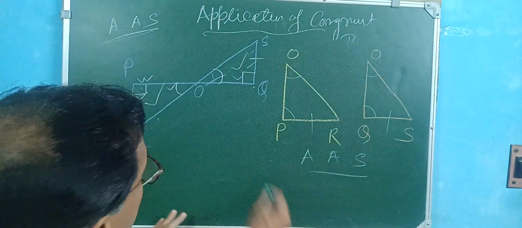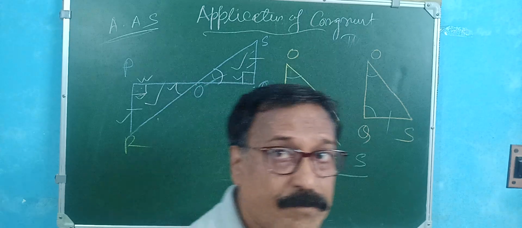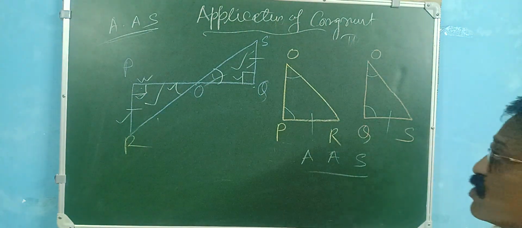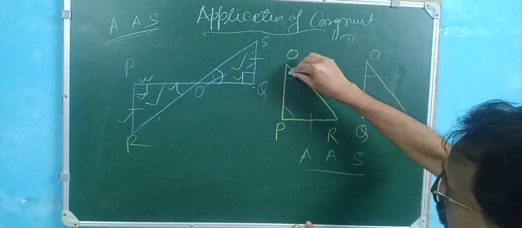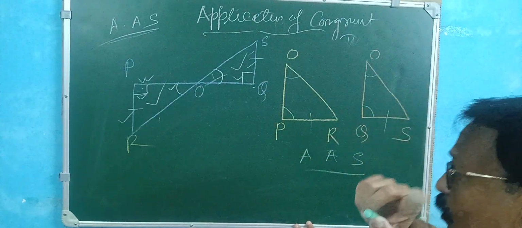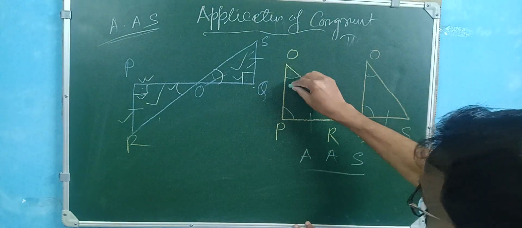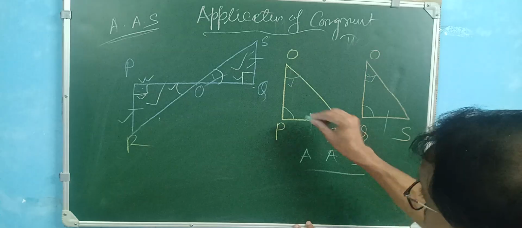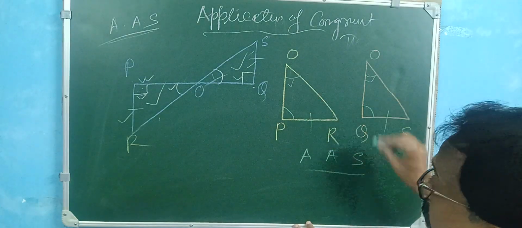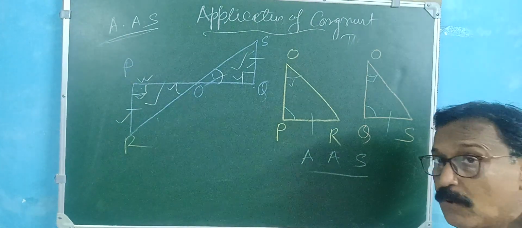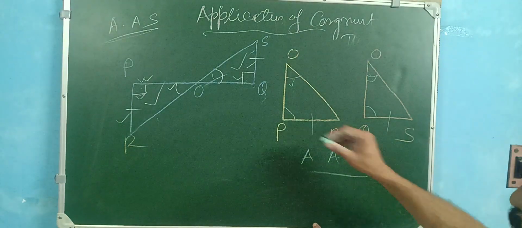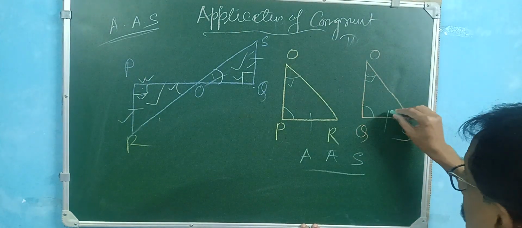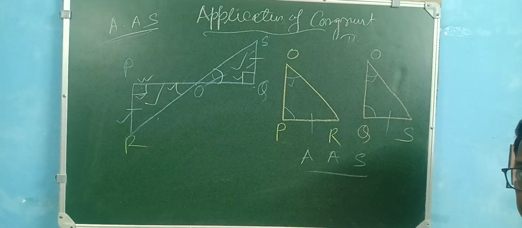If the drawing is like this and you have cut it out, just cut it for your better understanding. So these and these are vertically opposite. Already I say the reason is vertically opposite. This is 90 degrees, this is 90 degrees, this is given because of the perpendicular, and this PR is equal to SQ, that is also given.